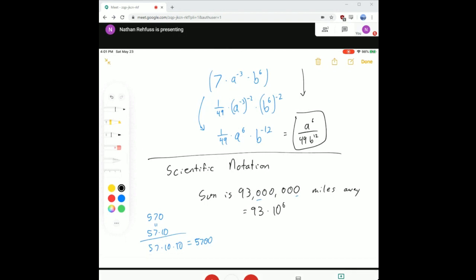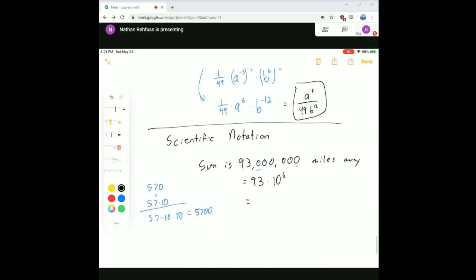Now scientists are going to do one more thing. Instead of writing 93 times 10 to the 6th, they're going to write, well, 93 is 9.3 times 10. So instead they could write 9.3 times 10 to the 7th. And the reason for that is they like this number, we call this the coefficient because it's multiplied by the other thing.